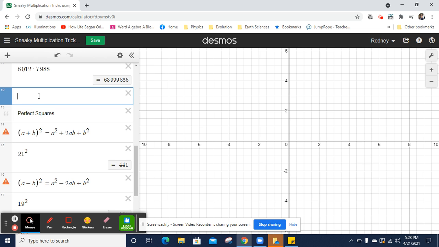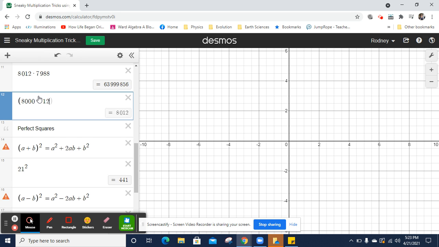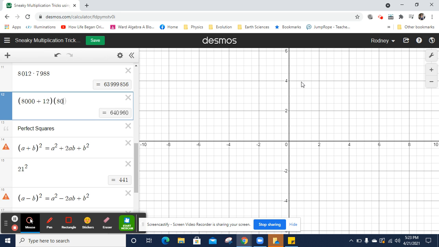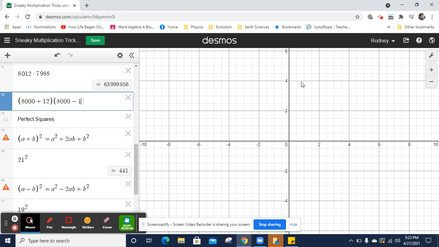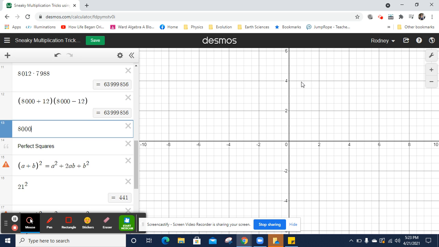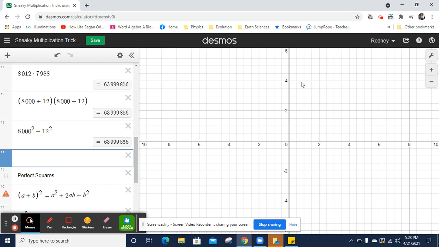So I can set that up as 8,000 plus 12 times 8,000 minus 12. And so I'll end up with 8,000 squared minus 12 squared. Well, 8,000 squared is going to be 64 followed by 6 zeros, so 64 million.